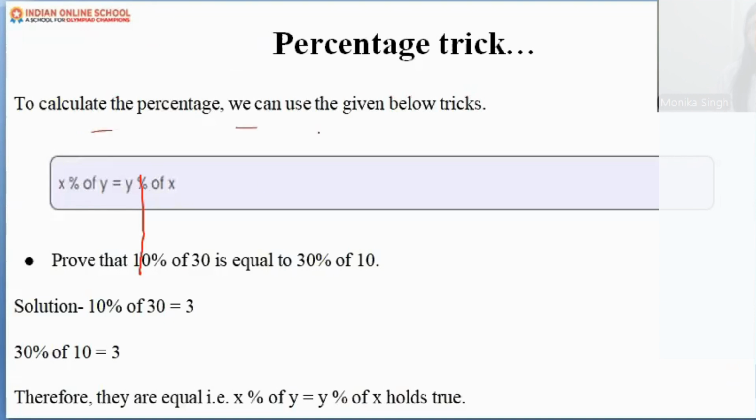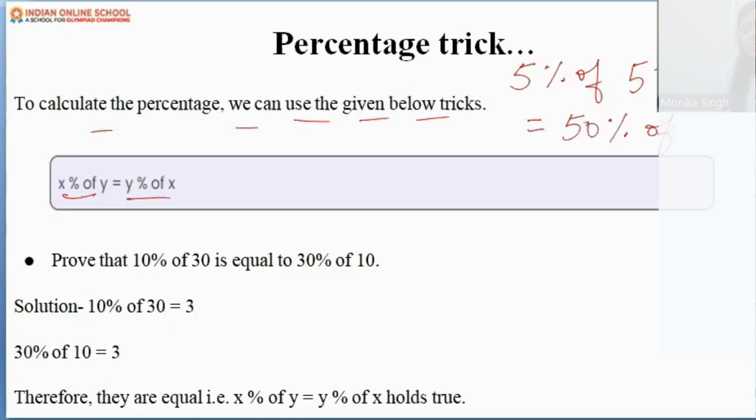To calculate the percentage, we can use the tricks given below. X% of Y is Y% of X. What does it mean? Let's say 5% of 50 should be equal to 50% of 5.